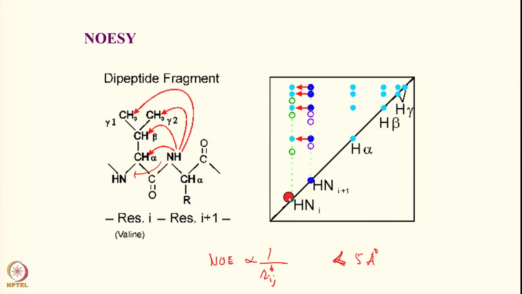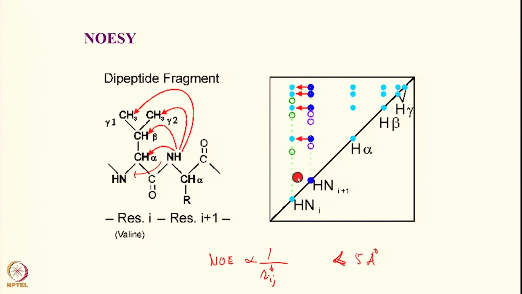Now from this NH proton you will see to this proton which is the beta of the same residue, and also to the 2 methyls of the same residue. Those are this to this and this to these two. You will see those peaks, they are all filled cyan peaks. Now let us see from the NH of I+1.